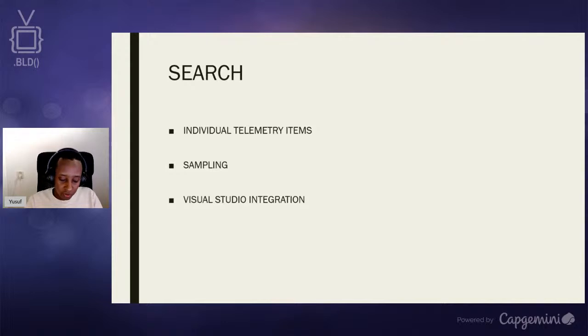So you have a lot of telemetry being sent from your application to Azure, and with search, you can search and find individual telemetry items. This can be, for example, a trace, a log, or a certain request. When your application gets quite big, a lot of data will be sent to Azure, and it may impact your budget and resource costs.